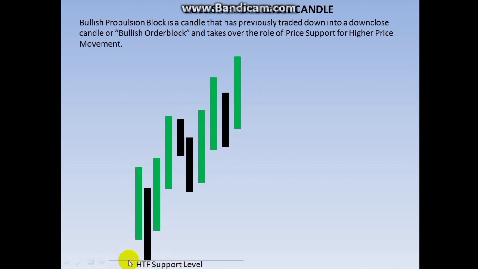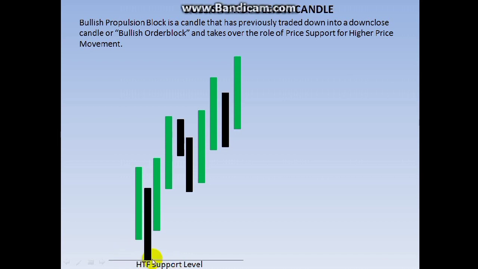All our setups are framed around a higher time frame, around price reaching for some sort of higher time frame institutional reference point. This could be anything from a bullish order block, a fair value gap, an old low, just any of the institutional reference points.